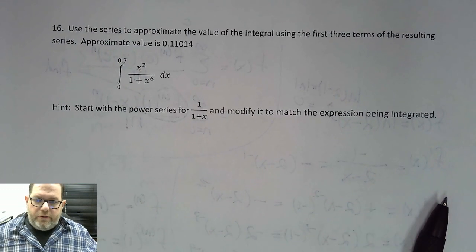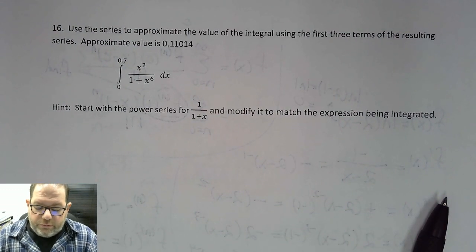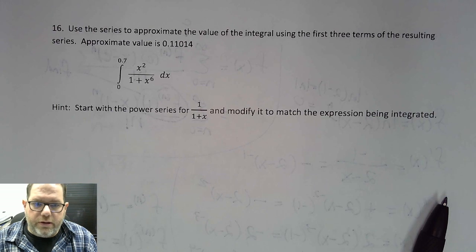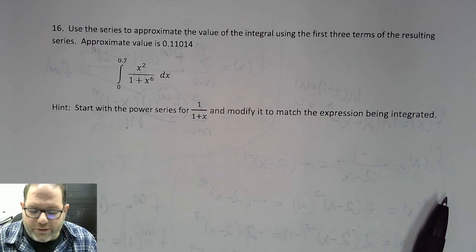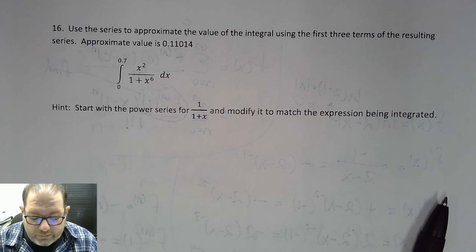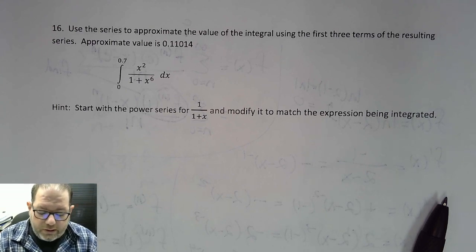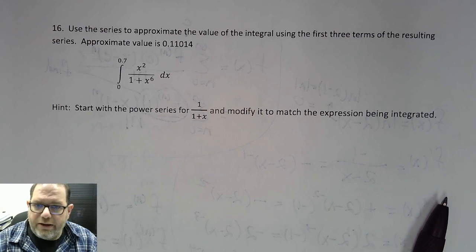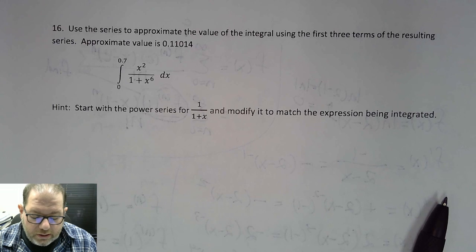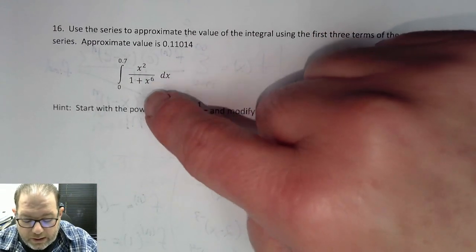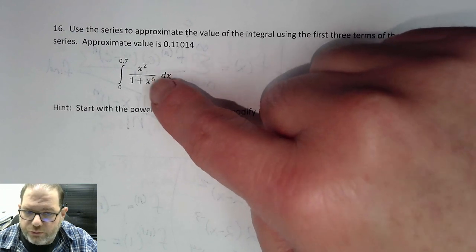Now, this last problem, 16, we want to approximate the value of the integral using an appropriate power series. This time I specify using the first 3 terms of the resulting series because what I've found is that it does take a long time to gain any level of accuracy. It turns out we can solve this problem by doing substitution.